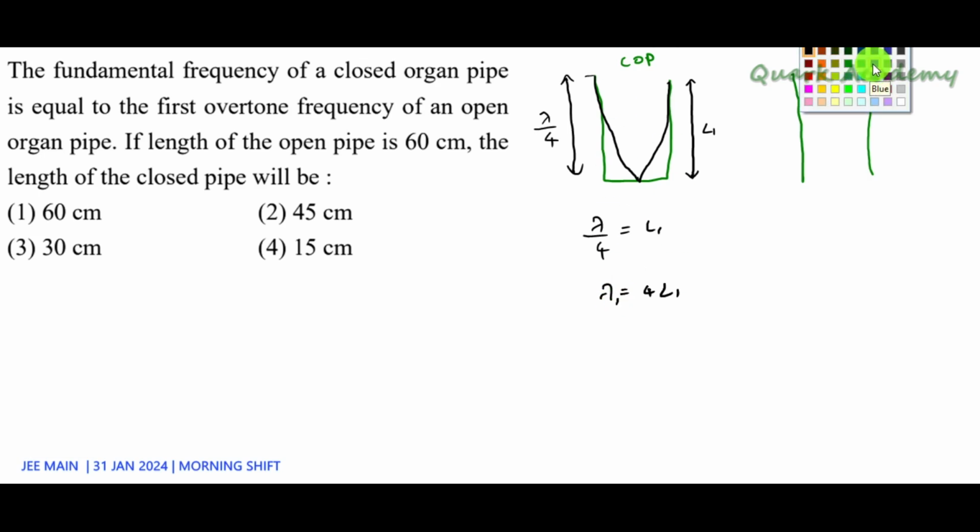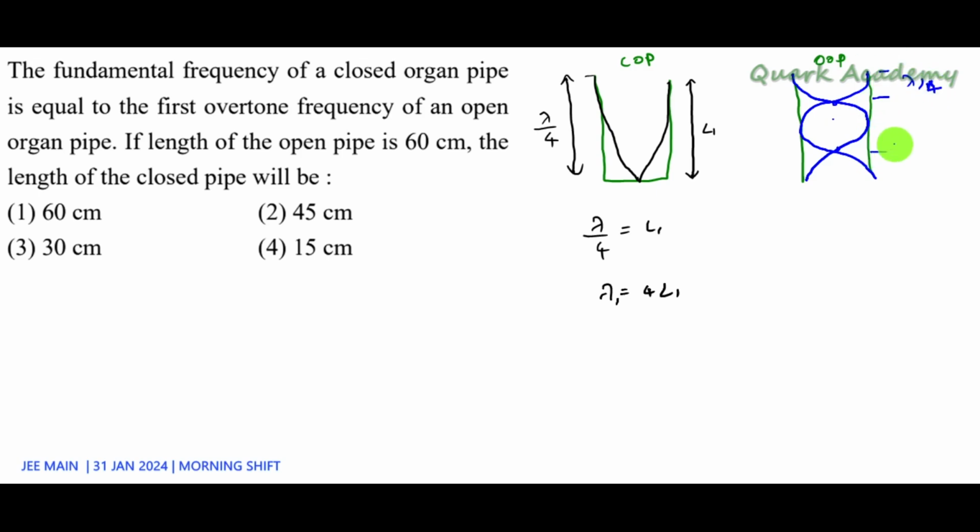Now the first overtone of the open organ pipe. For the fundamental frequency, there will be only one node in the middle. For the open organ pipe, for the first overtone, there should be two nodes. So the standing wave pattern will look something like this. Here the distance between one antinode and node is lambda by 4.